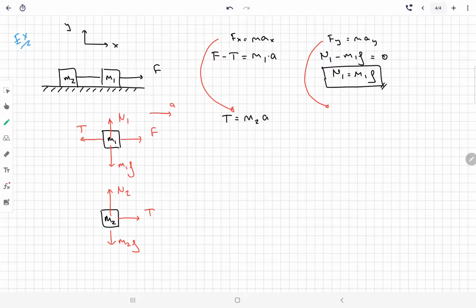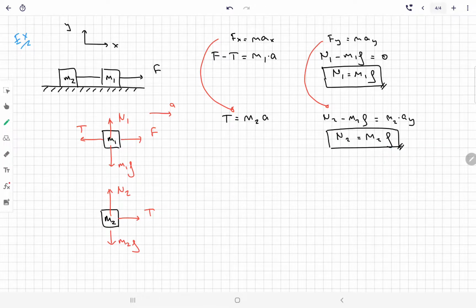If you shift the first object by 1 meter, the second object also will shift by 1 meter. It means at any time they have the same velocity and the same acceleration. And in the vertical direction, N2 minus M2g equals M2 times the acceleration in the vertical direction, which is again equal to 0 logically. So the reaction force equals its own weight.